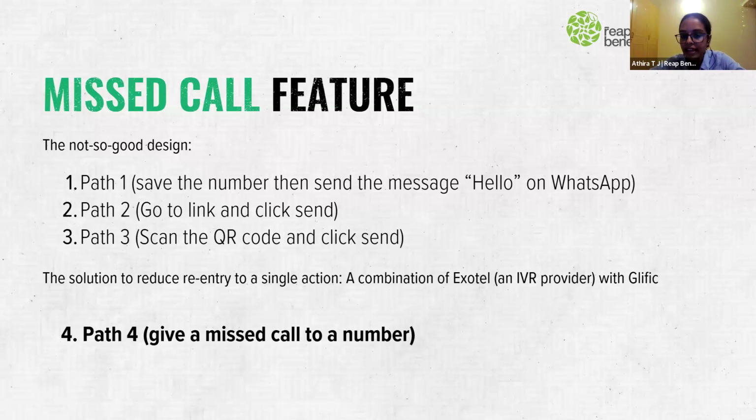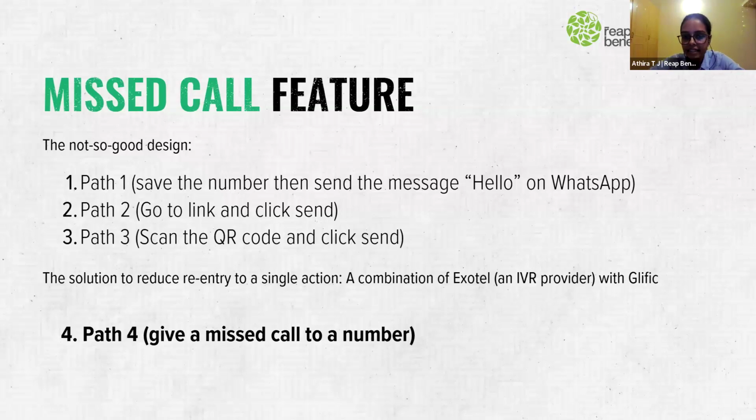So Exotel can provide alternative numbers which can be used to give a missed call, or otherwise we can also include call forwarding. For example, we have a chatbot, the Sol Ninja Mentor chatbot, and for it there is a number.